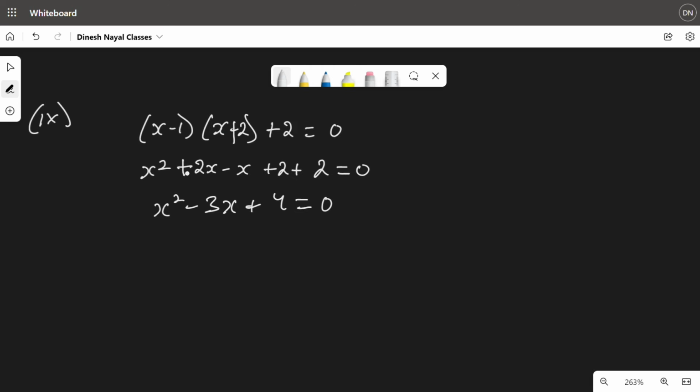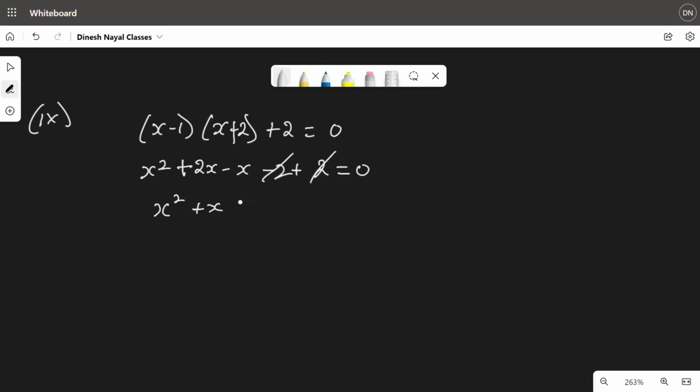So x square, this will be plus 2x, and then minus x, minus 2. Will this be the answer? No. Remove this also. That's not correct. Actually, this will be minus 2. Minus 2 will get cancelled.